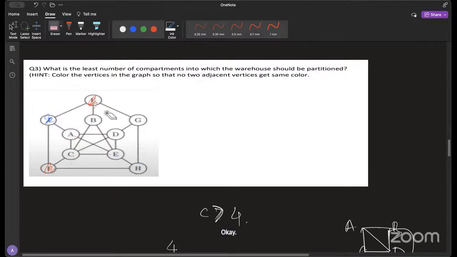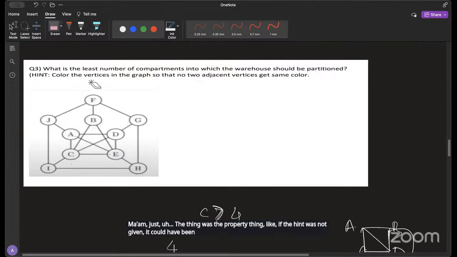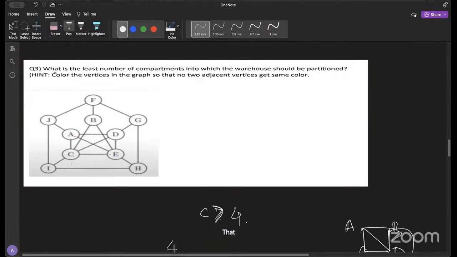Ma'am, the thing was the property. If the hint was not given, it could have been a little confusing. But it's given, right? Yeah, but the least number of compartments in a graph generally is the same as... No, the question only says what is the least number of compartments into which the warehouse should be partitioned.